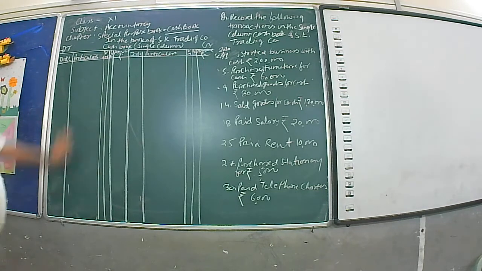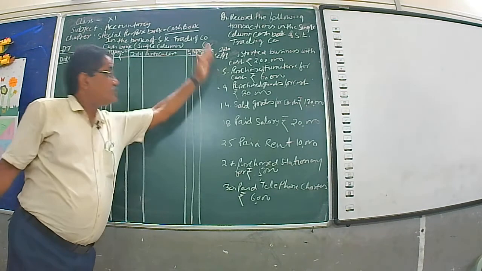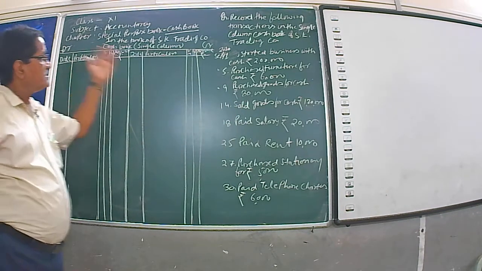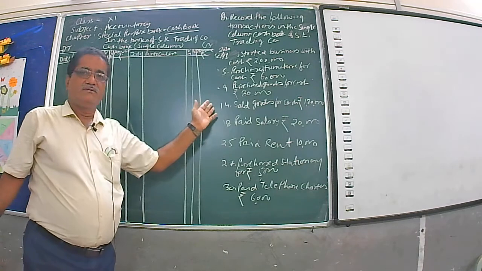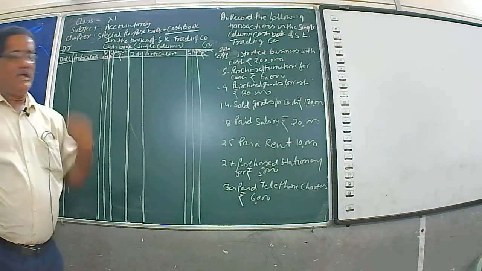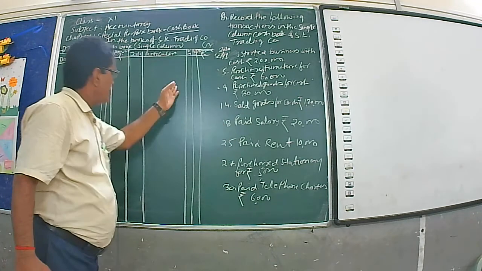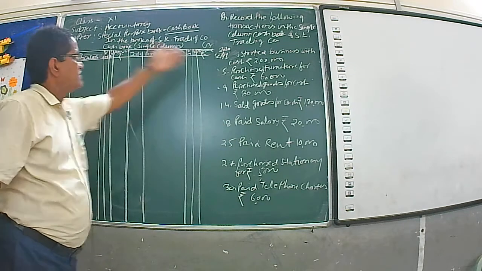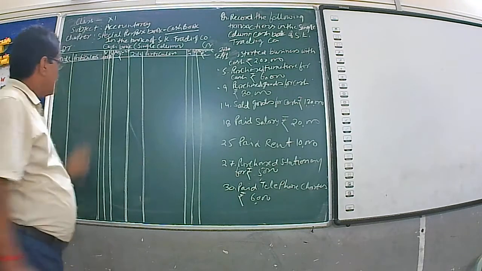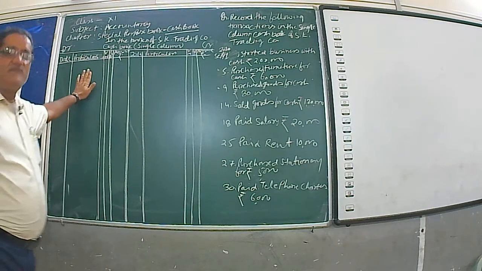In recording these transactions, which transaction will you record on the debit side and which on the credit side? How will you judge that this transaction should be here and that one there? For that, I would like to clarify a very simple way. This is the receipt side.